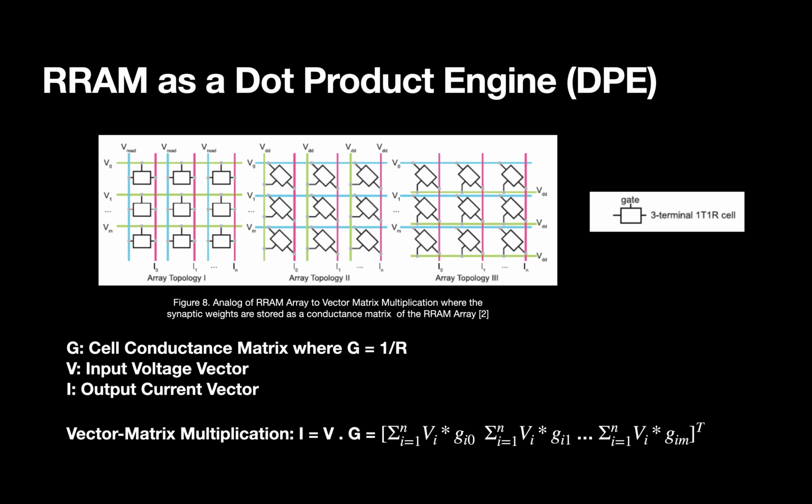The total current will then be the sum of the currents flowing through each column. Therefore, the total current is the dot product of input voltages at each row and cell conductances in a column. In neural networks, the synaptic weights of neurons are encoded as conductances of the RRAM cells. The outputs of the neurons are then the total currents.